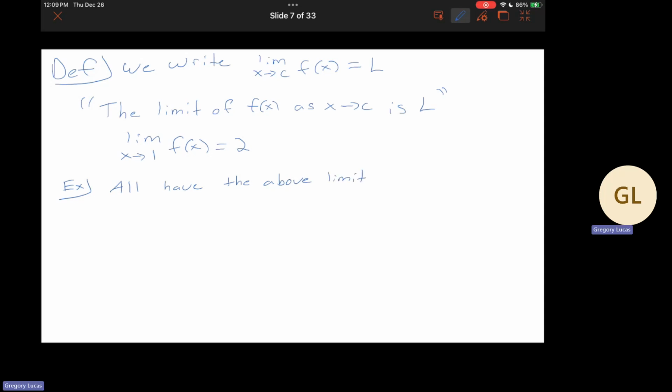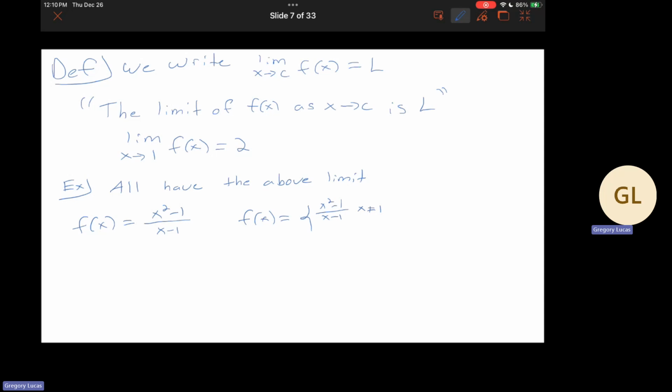So the one we looked at originally, we had f of x is x squared minus 1 over x minus 1. We could also write f of x equals x squared minus 1 over x minus 1 if x is not 1.